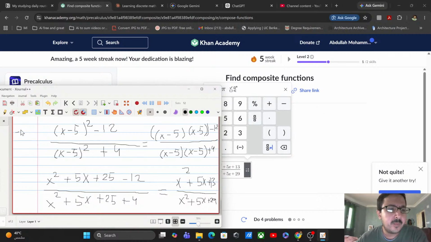I got minus 2 multiplied by x multiplied by minus 5. Am I correct? Or is it the 5 only? So it's gonna be plus 10x.